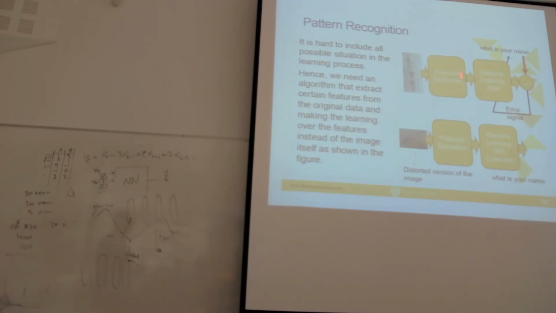Then we apply this extracted information to some machine learning, for example, neural networks. Then the meaning of this handwriting is what is your name. So we teach the network that this means what is your name. Then we make the error signal. Then we try to minimize the error as we saw before.